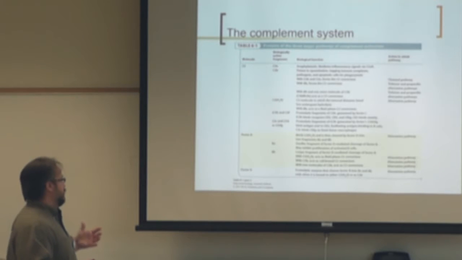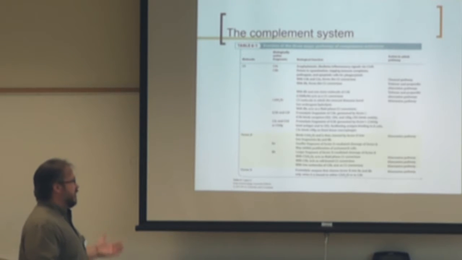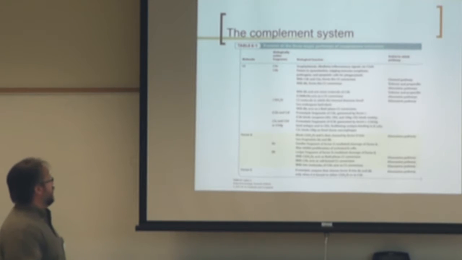You have ITP, clearing of platelets, clearing of red blood cells, anemia, and increased risk of infection. So you can have a lot of problems depending on mutations in this part of the pathway.